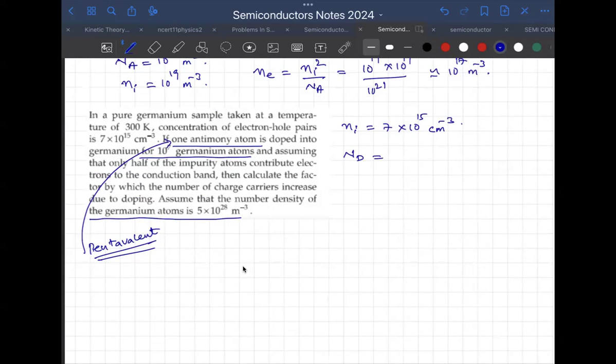So what I need to do is 5 into 10 to the power of 28 divided by 1 into 10 to the power of 7. This works out to around 5 into 10 to the power of 21 per centimeter cube. Any doubts?